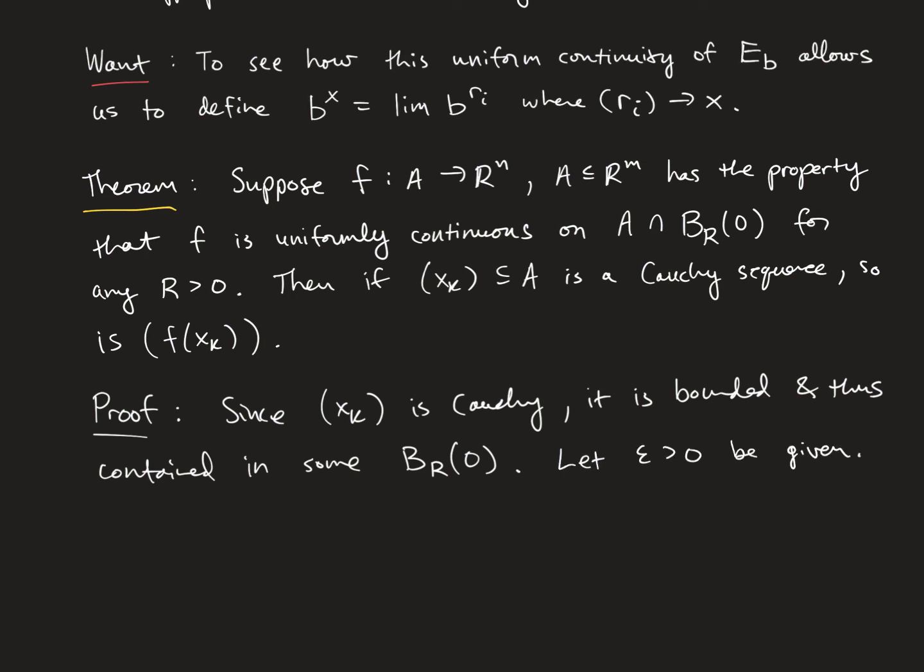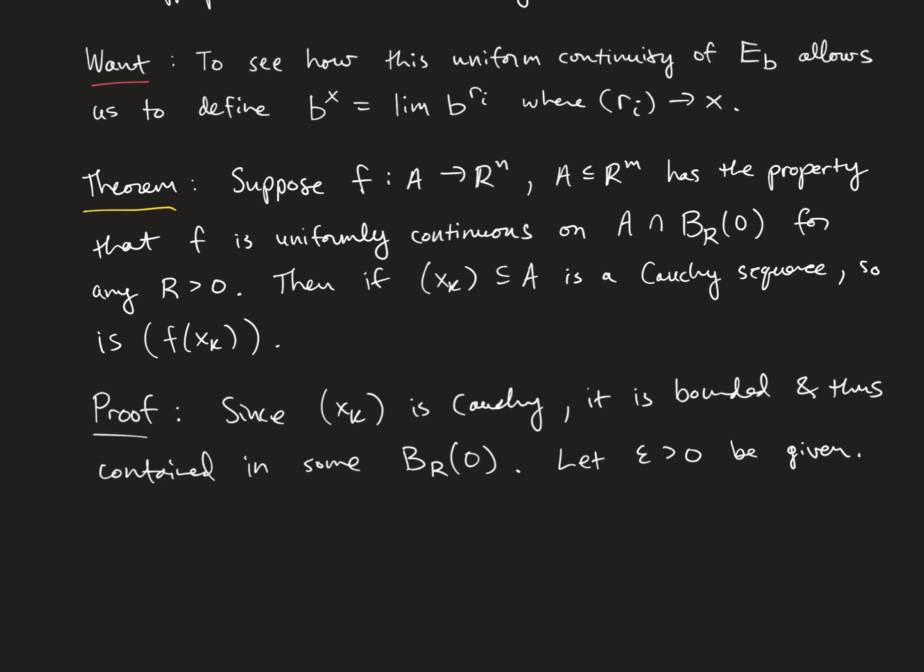Now, what we have is uniform continuity of our function on this ball, right? As long as we're looking at the stuff in the ball that's in A. And the xk is some stuff in A that's in that ball. So what we're going to do is invoke the uniform continuity of our function f.